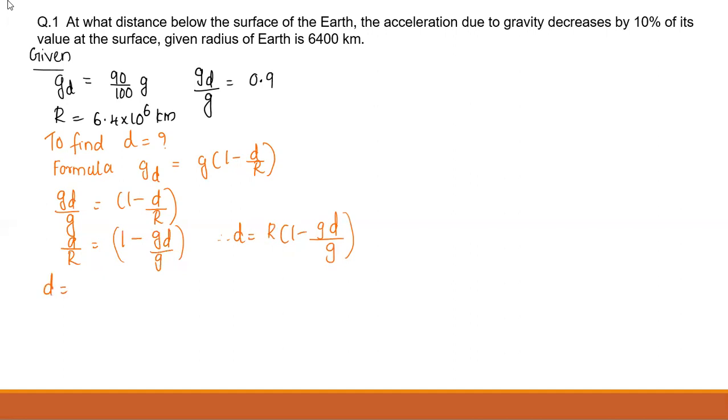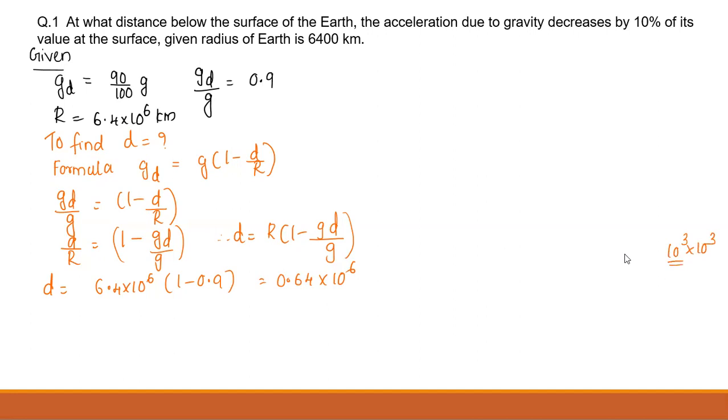So d is equal to 6.4 into 10 raised to 6 into 1 minus 0.9. 1 minus 0.9 is 0.1. 0.1 into 6.4 is 0.64 into 10 raised to 6. 10 raised to 6 we can write as 10 raised to 3 into 10 raised to 3. 10 raised to 3 means 1000.